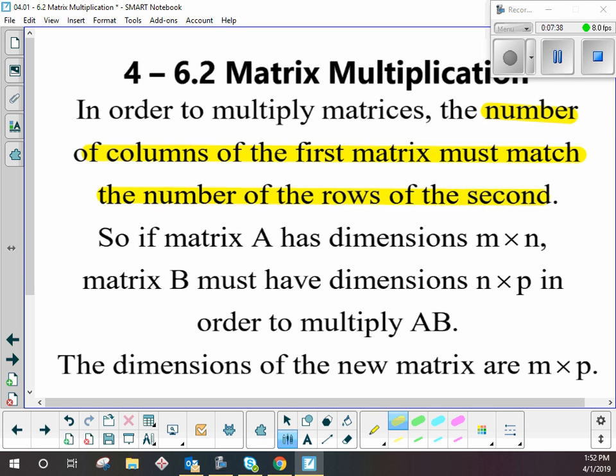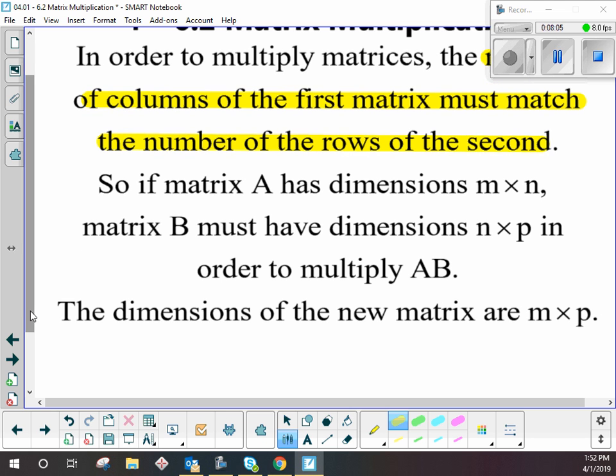Well, multiplication works a little bit differently. We are going to be doing dot products. And so the dimensions don't have to be exactly the same, but what has to be true is that the columns of the first have to equal the rows of the second, because we'll be doing columns by rows, and so if they're not the same, you'll run out of columns or rows. And that'll make more sense to you later.